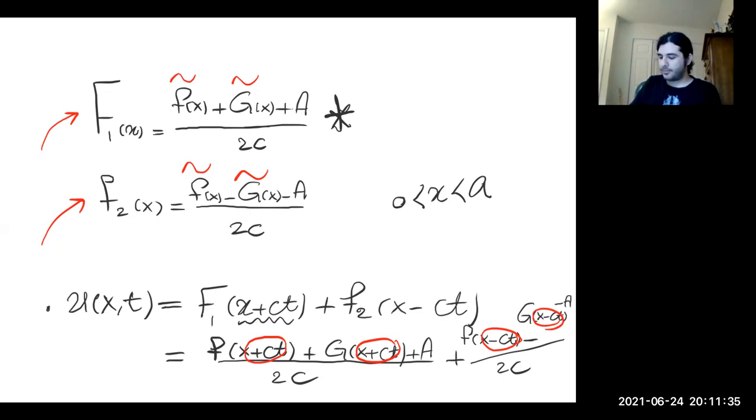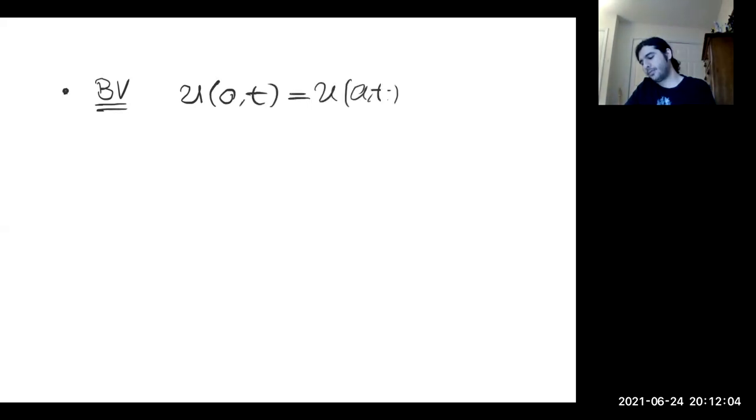So consider the initial condition one more time. Now let's look at the boundary value condition. The boundary value condition was u at the two endpoints, u of 0 and t, and u of a and t, are equal to 0. Right?